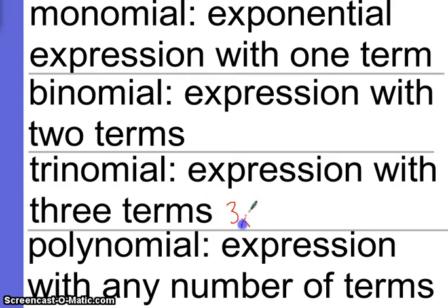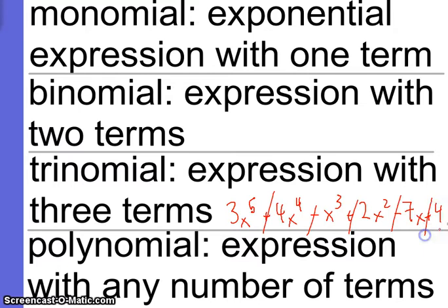So 3x to the 5th plus 4x to the 4th minus x to the 3rd plus 2x squared minus 7x plus 4. This is 1, 2, 3, 4, 5, 6 terms. And so I wouldn't keep naming these.